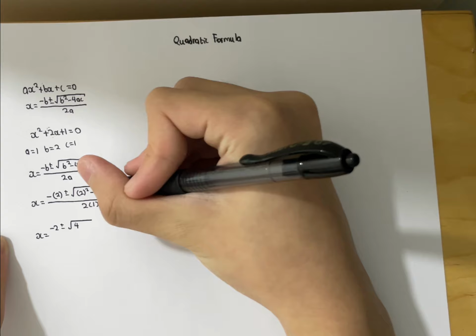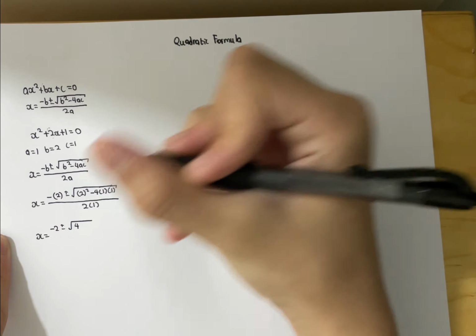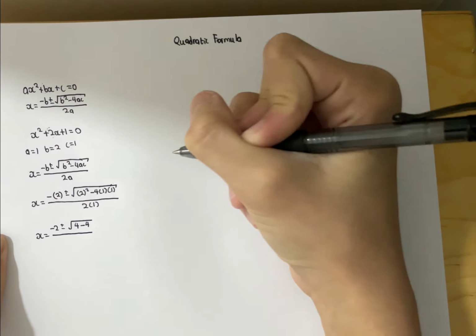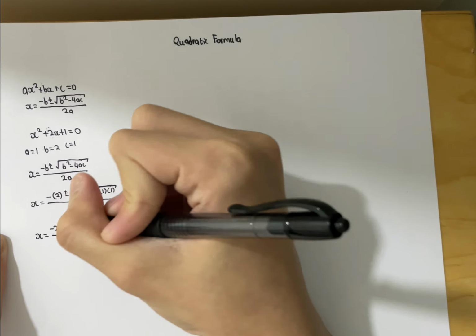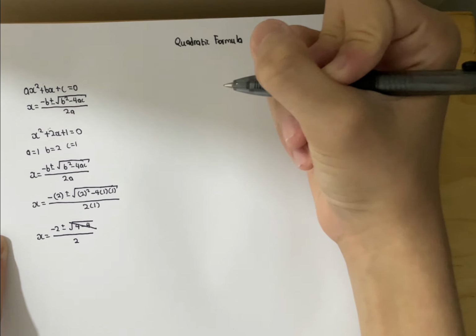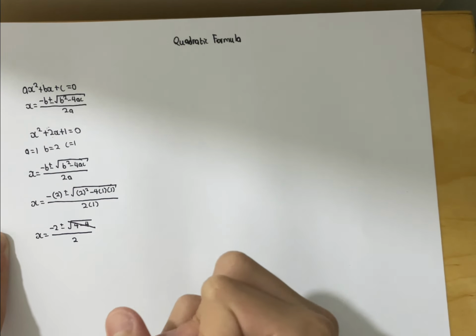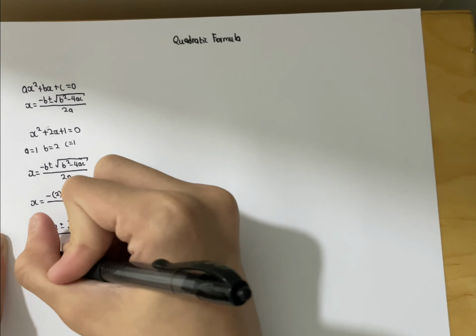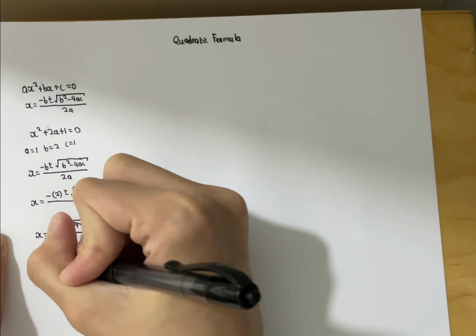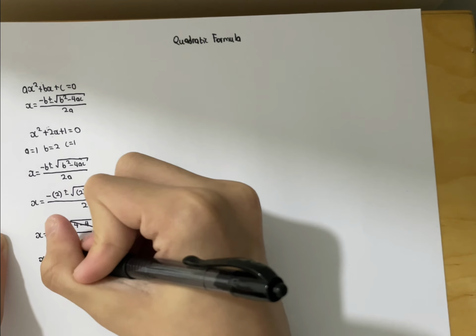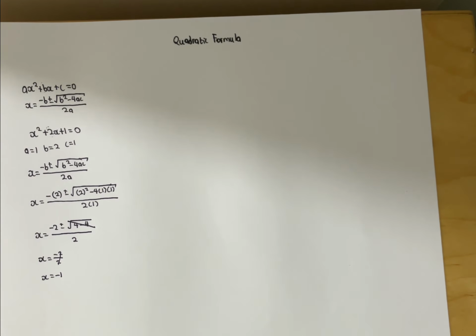Therefore, 4 times 1 is just 4, over 2 times 1 is just 2. This will cancel out because the square root of 0 is just 0, so you don't need to write that. So then, x is equal to negative 2 over 2, which is just equal to negative 1. That's your x, right?